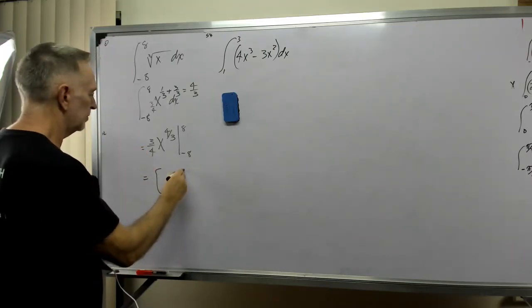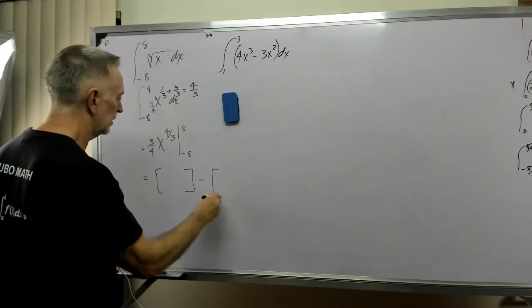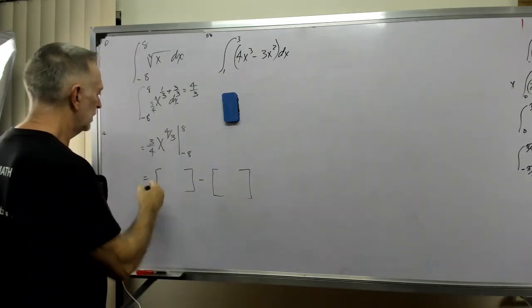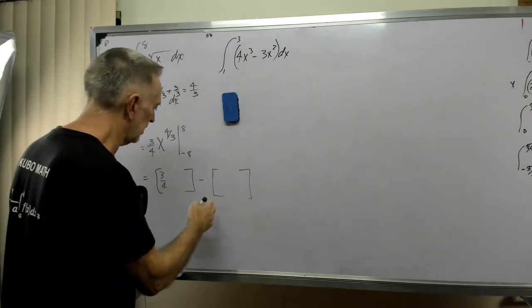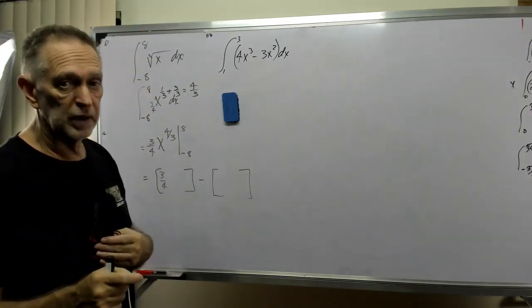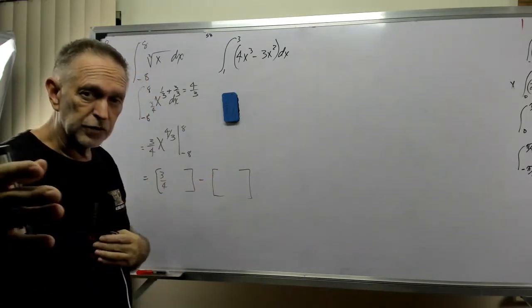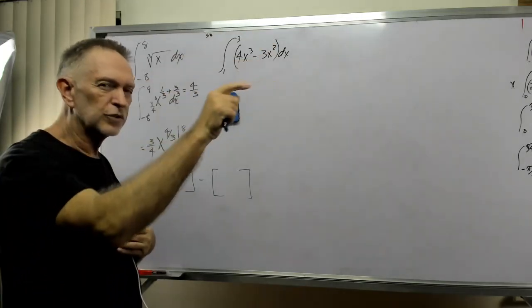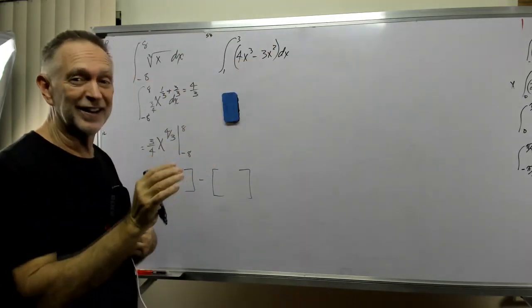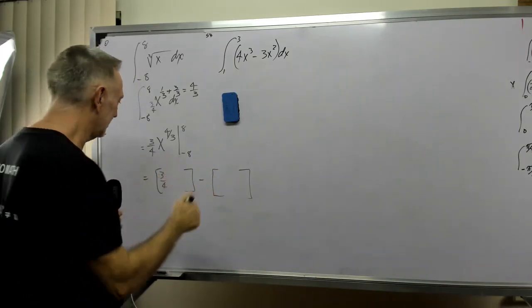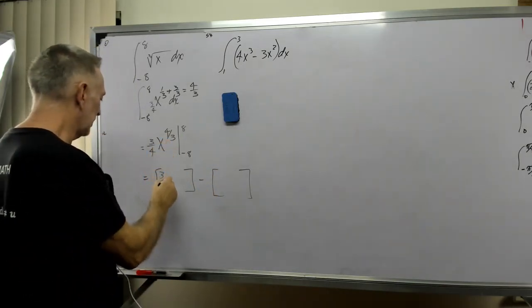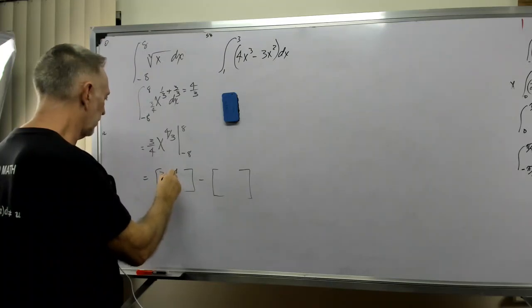Okay. Well, what does that equal? I need to put my two boxes here. All right, 3/4. Now obviously I could factor the 3/4 out. Sometimes I don't, because if the problem gets really long, I might lose sight that I had some number in the beginning I needed to multiply by. But that's just me. All right, so I need to put 8 in here. 8 to the 4/3.